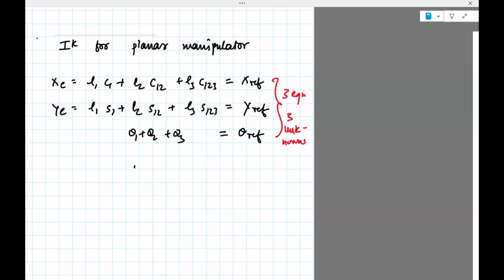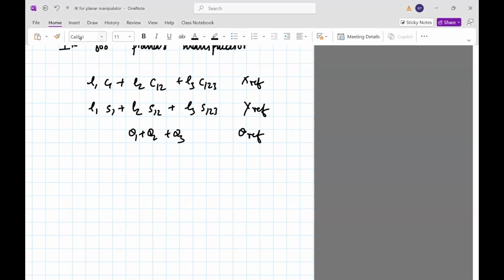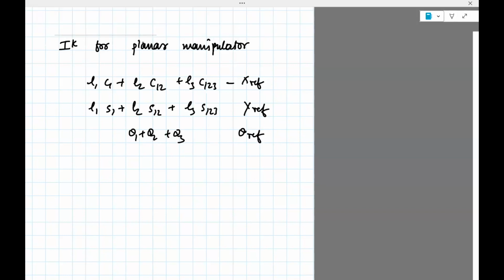So I wrote these equations. The only change you need to make in order for this to work is that you just move terms around, so each equation is something minus something equals 0, 0, 0. So this is f1. The x here is theta 1, theta 2, theta 3.